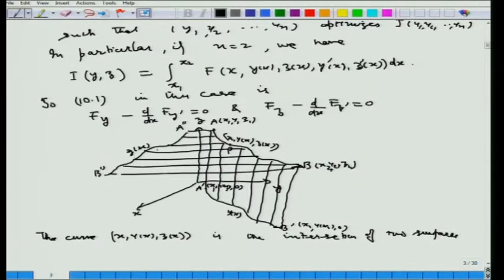That is, here you have x and z(x) given and y is free, so it goes in this direction, and in this surface you have x, y(x) moving along this curve and z is free there. Let us say this is surface S1 and this is surface S2. So, that is the situation here.